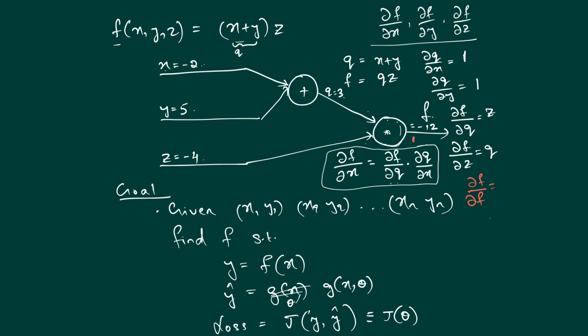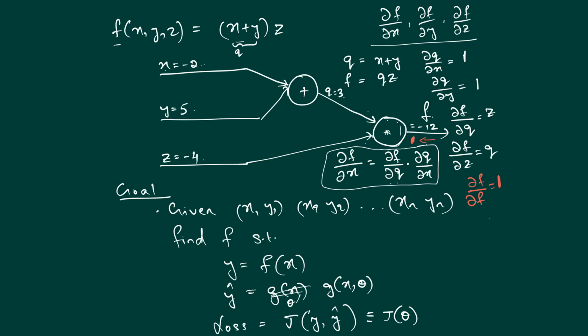And this is trivially 1, so we write the gradient at the bottom of the line as 1. Now, del f by del q is going to be this part, which is the local gradient that we calculated, del f by del q, multiplied by whatever is coming in as the gradient, which is 1.